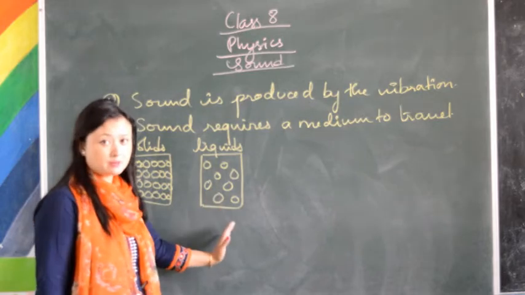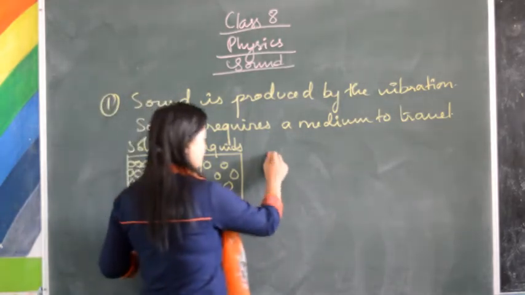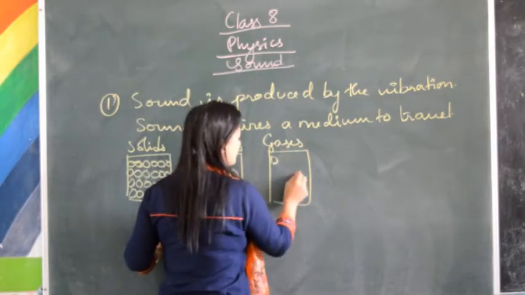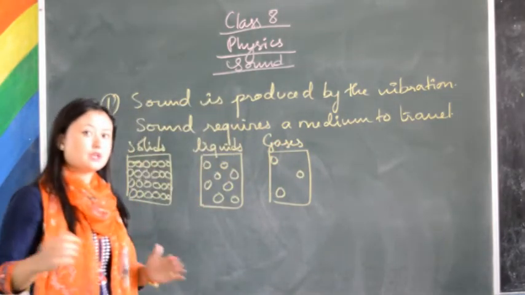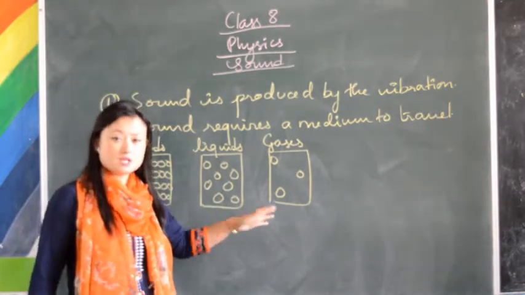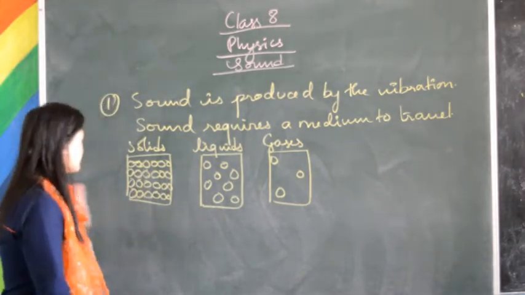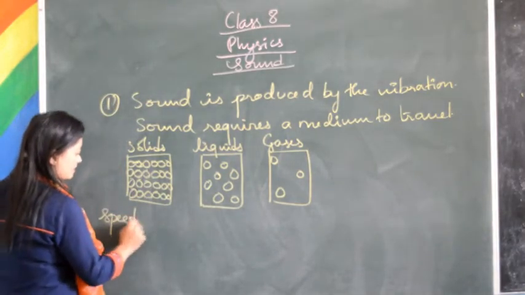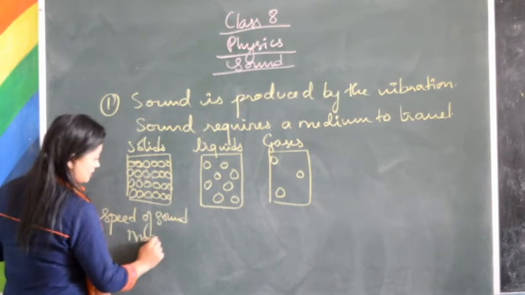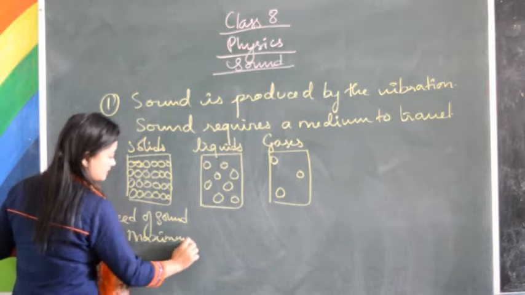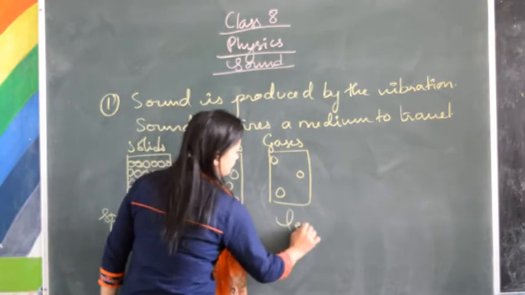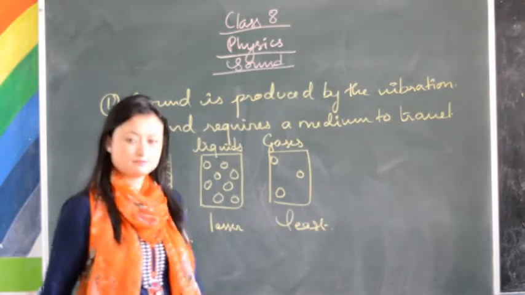In liquids, it is comparatively lesser, and in gases, since the particles are very far apart, the particles need a lot of energy to vibrate and to touch the other particle. Thus the speed of sound is maximum in solids, lesser in liquids, and least in gases.